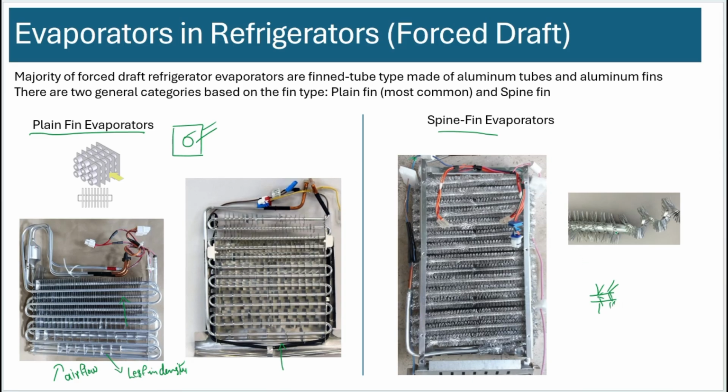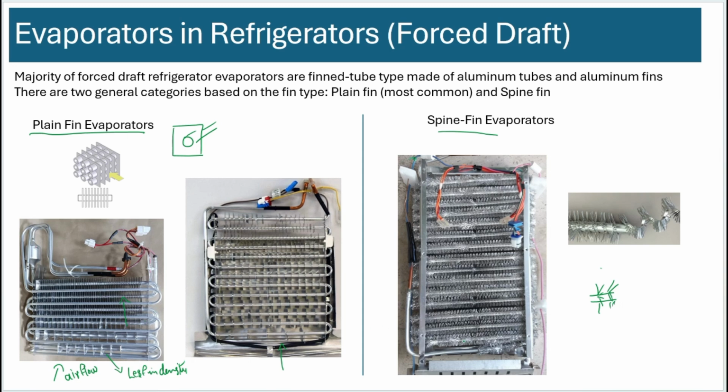So this tubing could be copper or aluminum. What you're seeing here is it's wrapped with an aluminum spine fin. These are typically more efficient. They provide more heat transfer than a plain fin.